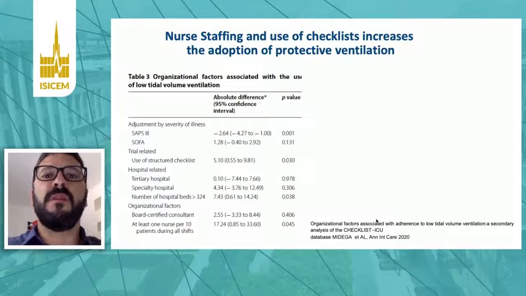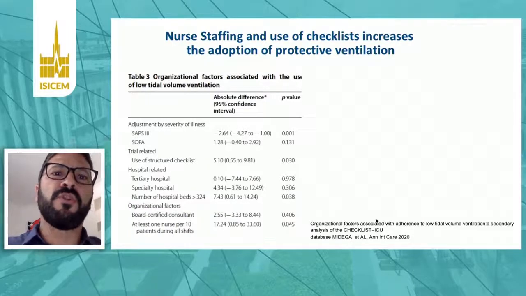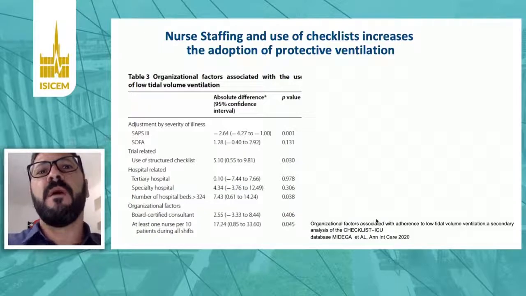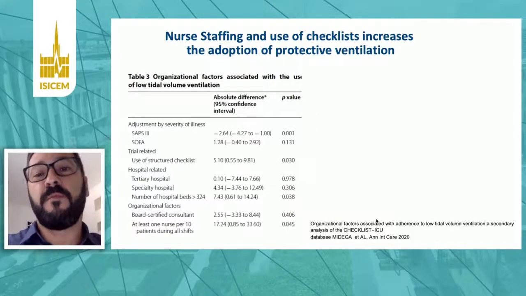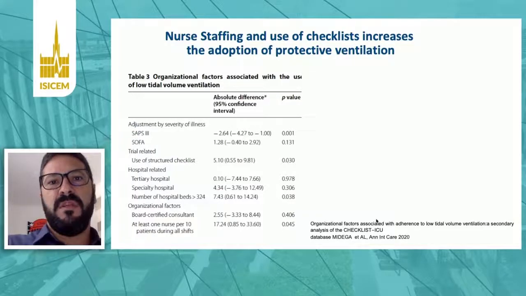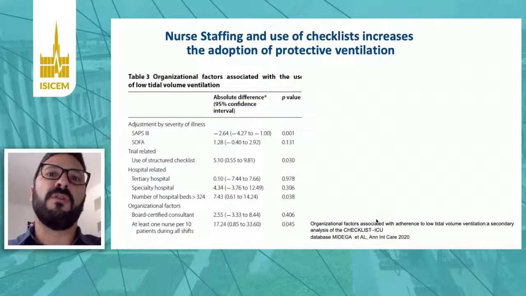In a subsequent study from the same database, we tried to look, with a similar approach, at what factors would actually interfere with the improved adoption of protective mechanical ventilation in ventilated patients. This is very important because we know that there's an important gap from the evidence to the implementation of these evidence-based recommendations.